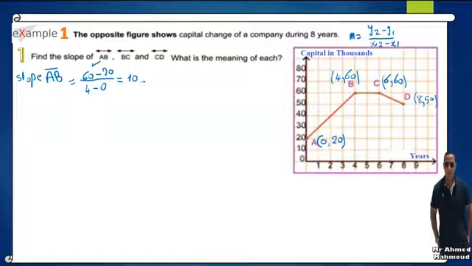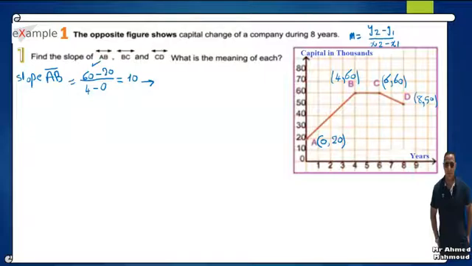What does it mean? Here we have the capital on the y-axis and the years on the x-axis. We know that the slope means the change of y over the change of x.